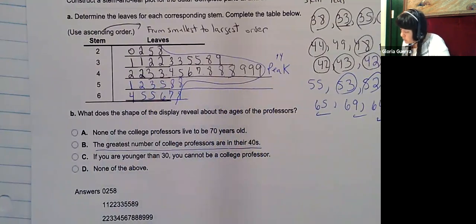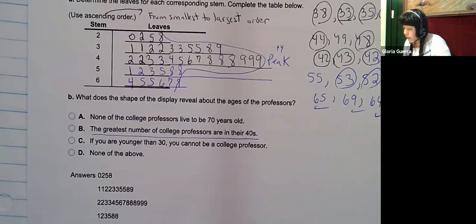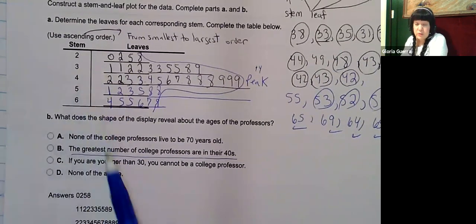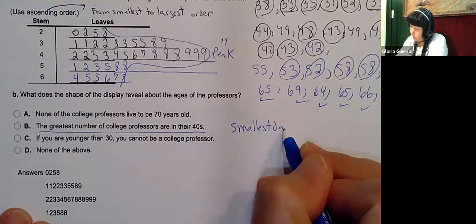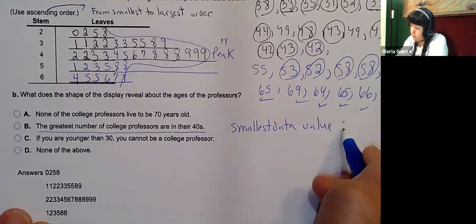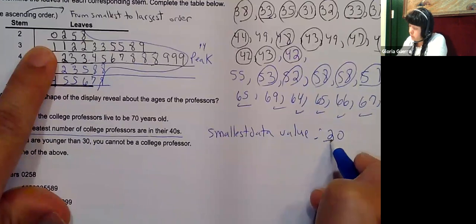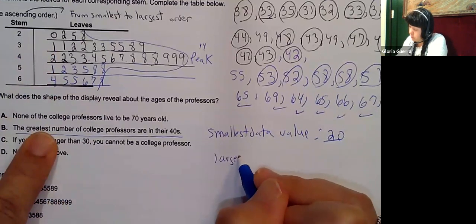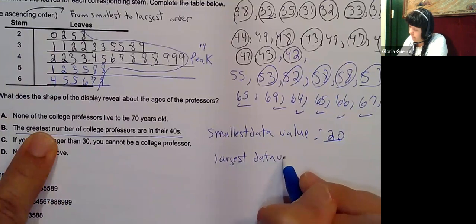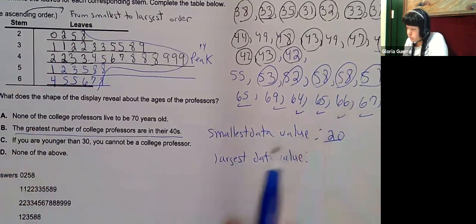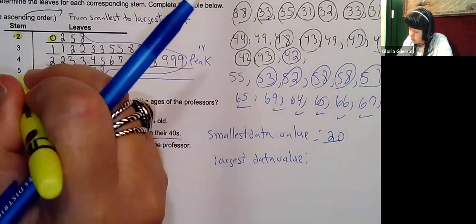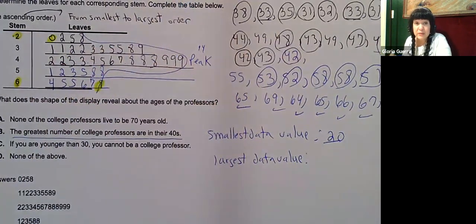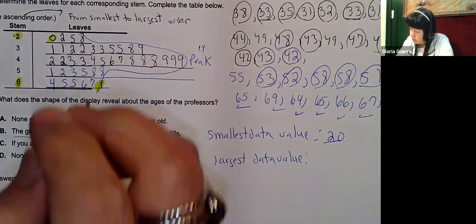Okay, and then just also talking about ages, the smallest data value would be 20, and the largest data value would be 69.